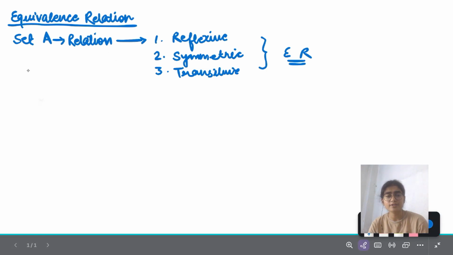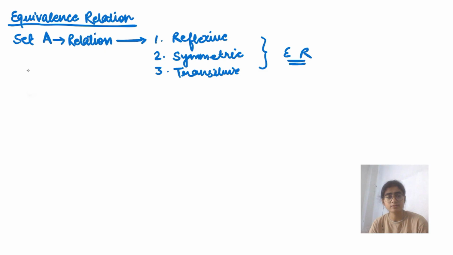Let's understand it with the help of an example. Suppose we have a set A whose value is 1, 2, and 3. So let's make the relations. Our first relation is the empty relation. So is it reflexive?